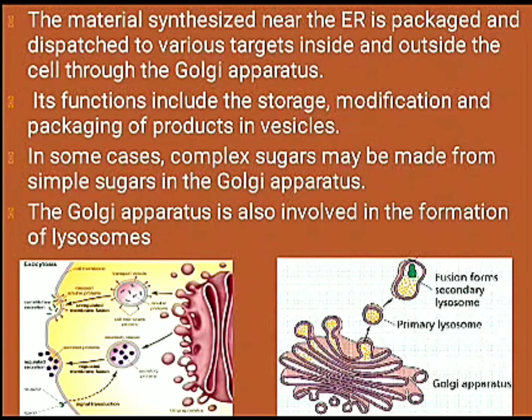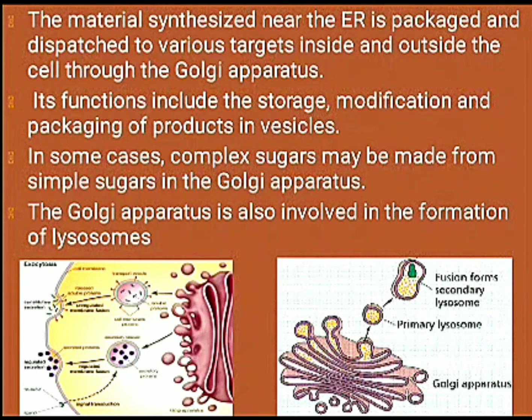The materials which are synthesized near ER are packaged and dispatched to various targets inside and outside the cell through the Golgi apparatus. So friends, we can say that Golgi apparatus is responsible for packaging and transporting materials which are produced by endoplasmic reticulum.